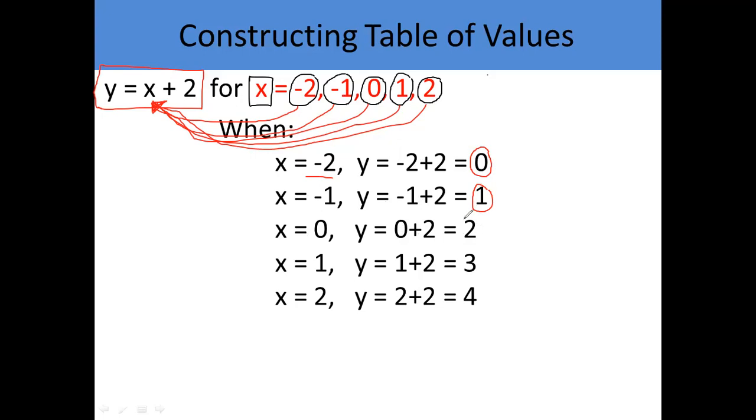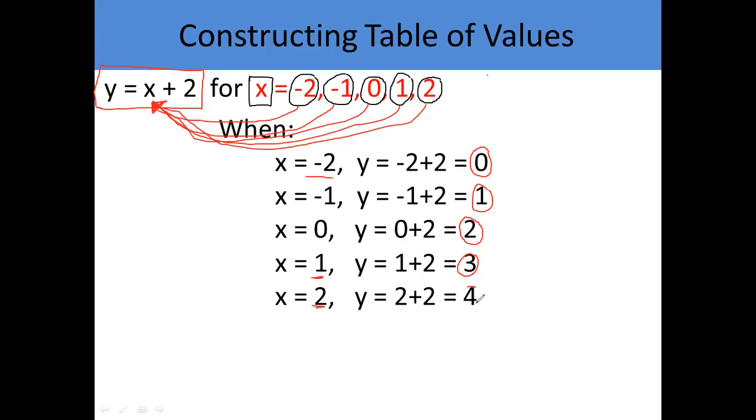So when x is 0, y equals 2. Now, when x is 1, we replace the value of x in x plus 2. Then the value of y is 3. When x is 2, 2 plus 2 equals 4.